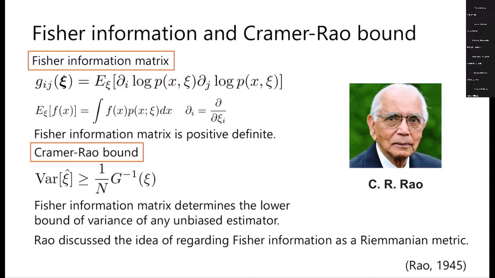So again, to capture the Cramer-Rao bound, the larger the Fisher information is, the smaller the variance of the estimate is. So the larger Fisher information means that the distance between the probability distributions around that point is large, meaning it is separable, right?